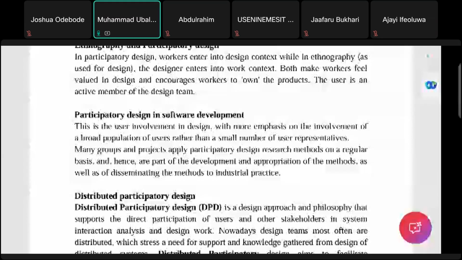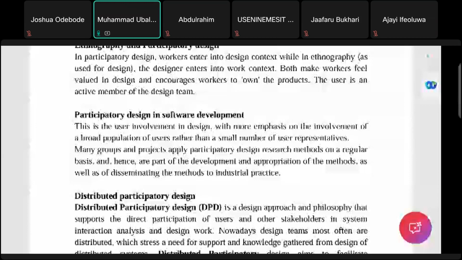And secondly, it encourages continuous collaboration throughout the development phase because from beginning to end, users are participating and their inputs are taken seriously.